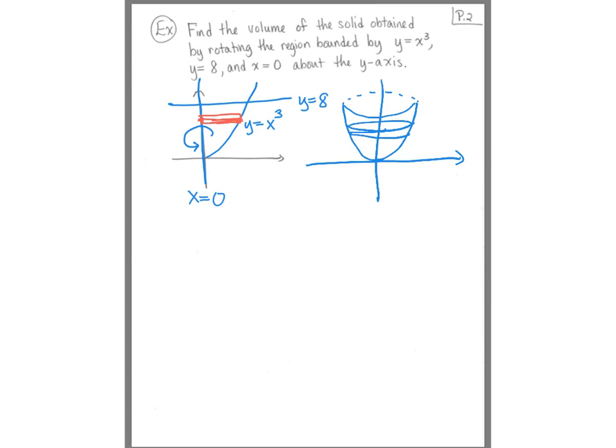Where this band is going to be delta y. Then from here to here is given by x, and this is your y value. So this point would be given by x comma y. So that's what we've created.